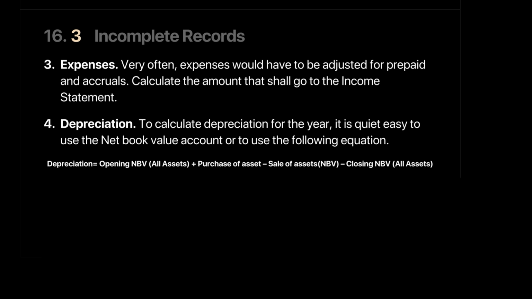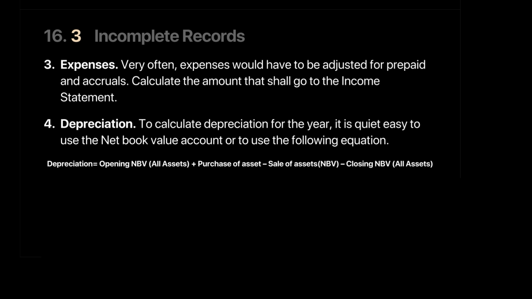We start the year with our opening net book value of assets, any asset purchased will be added to it, any asset sold will be subtracted from it, everything at net book value. And using the closing net book value, we can calculate our depreciation expense.